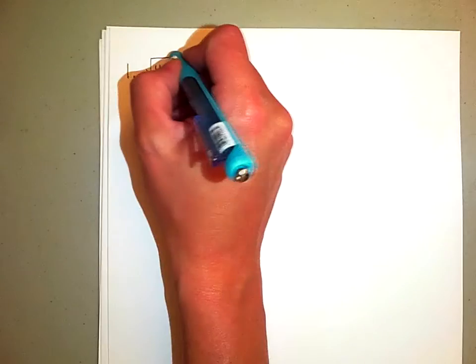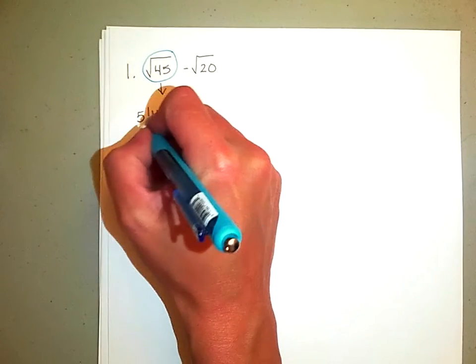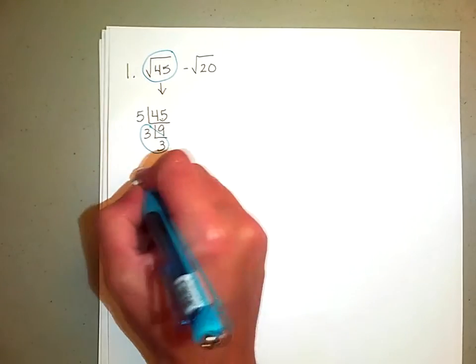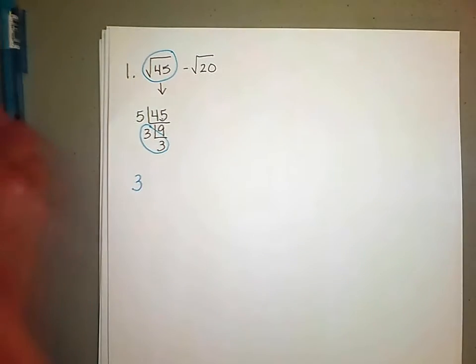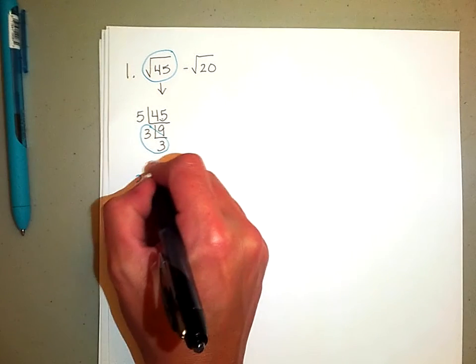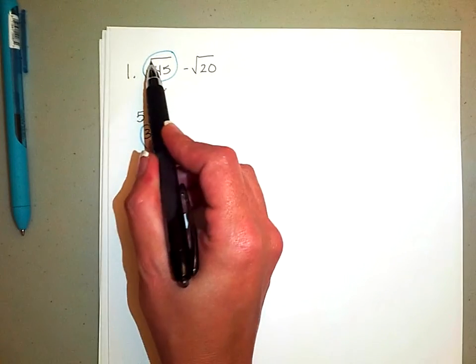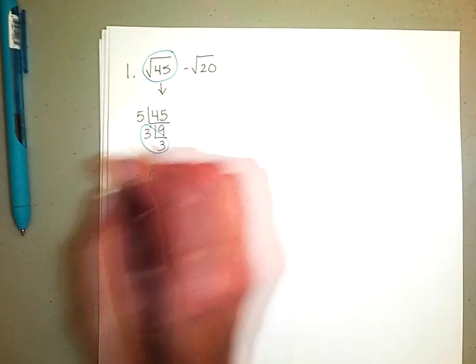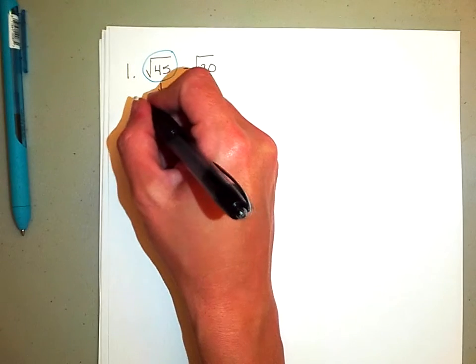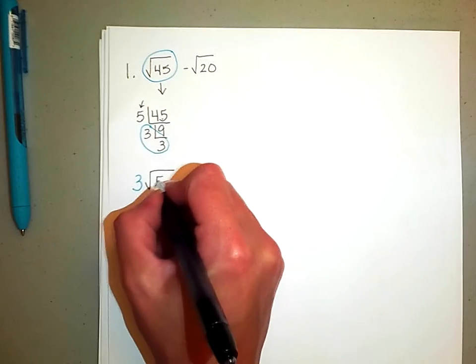So the square root of 45 could be simplified. Here I have a group of 3's. It could come out. We'll keep the same radical root, which is the square root, and anything left over, this number 5, goes underneath.